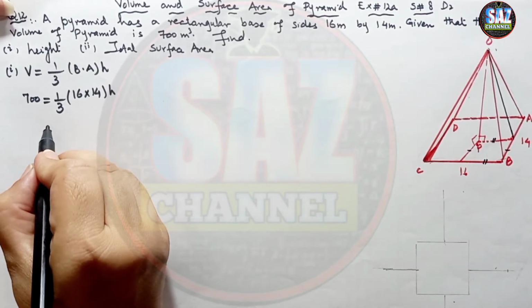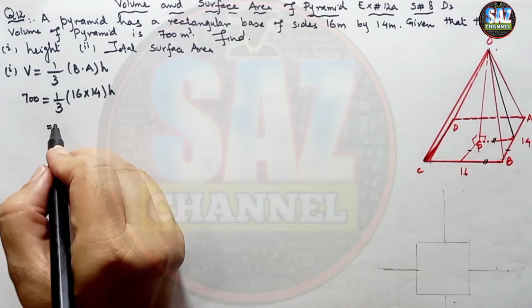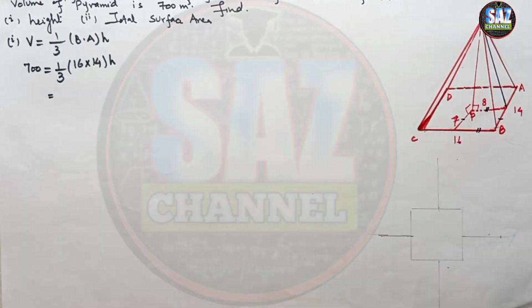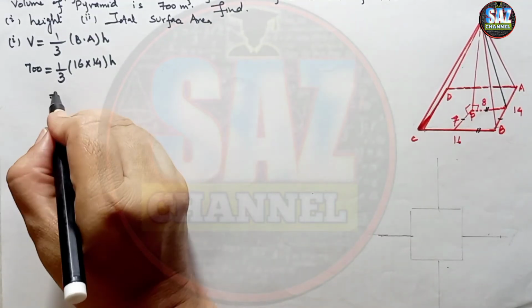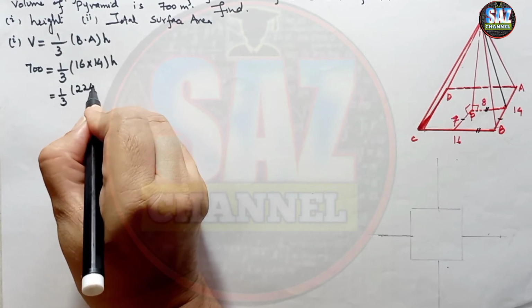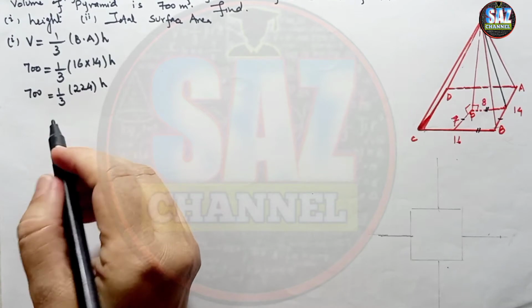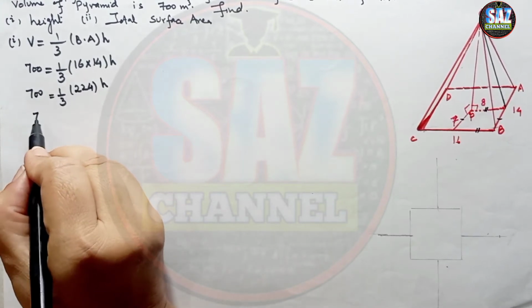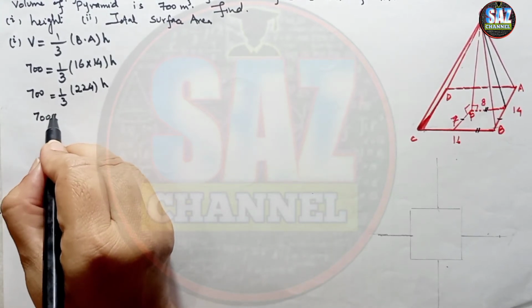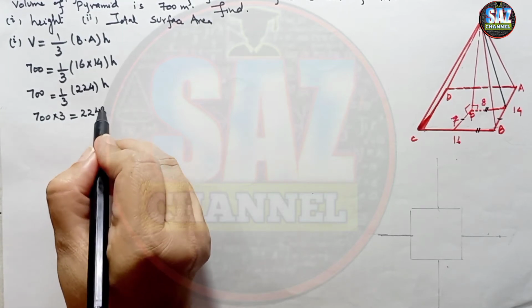Now, 16 multiplied by 14 is 224. So 224 into h equals 700. Go for cross multiplication: 700 multiplied by 3 equals 224h.